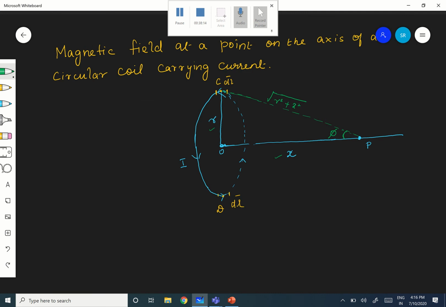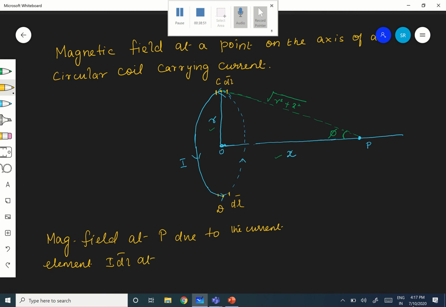Now let me find out the magnetic field at P due to the current element I dL at C, which is important, and let it be dB.